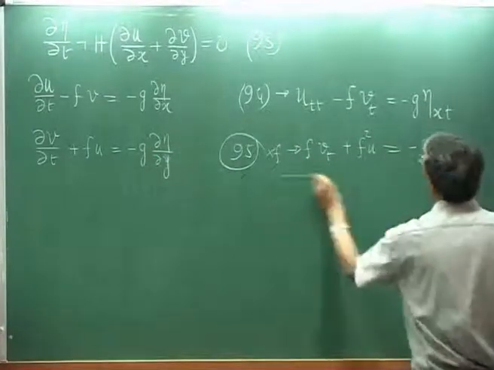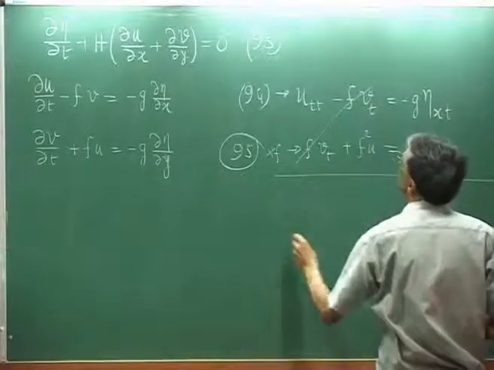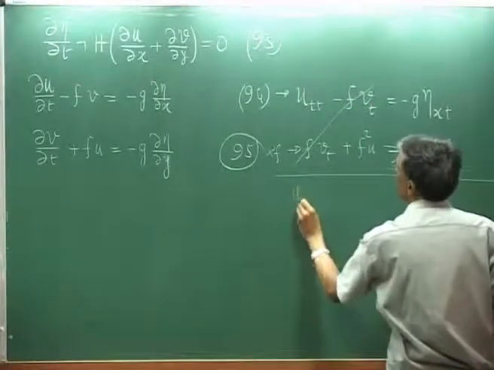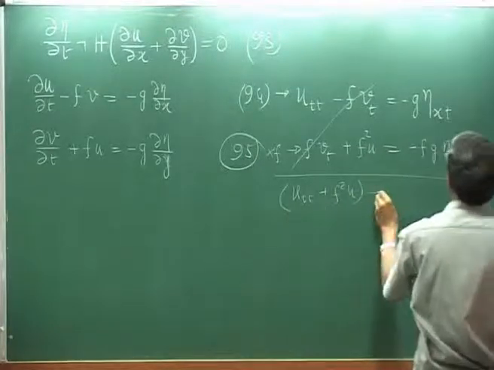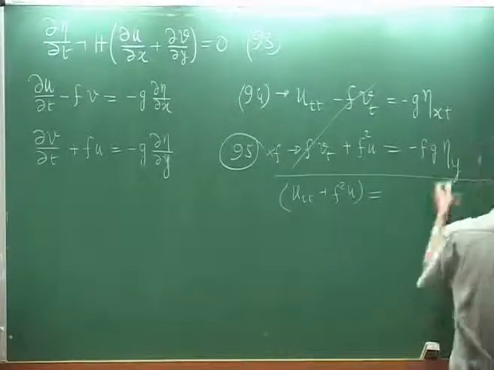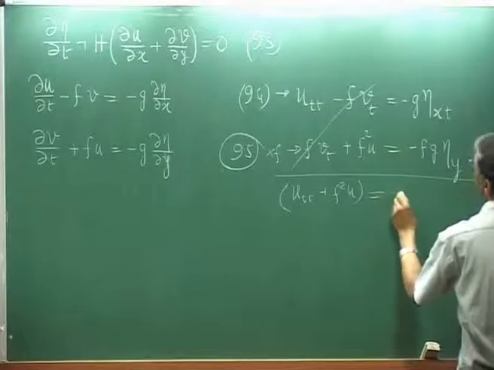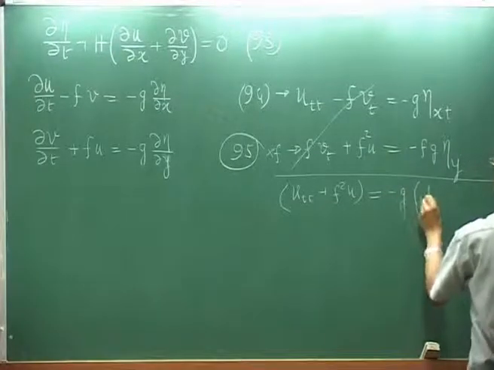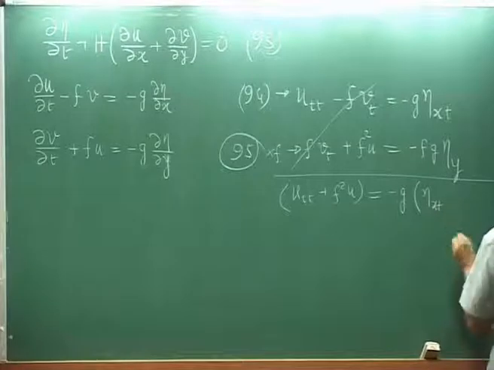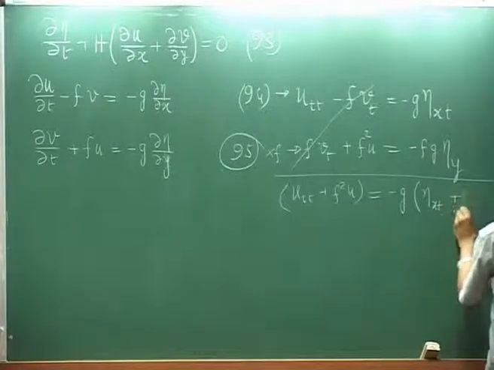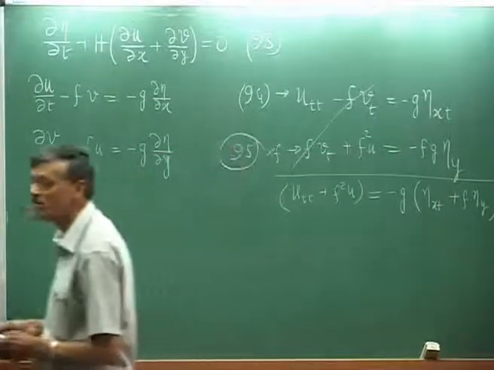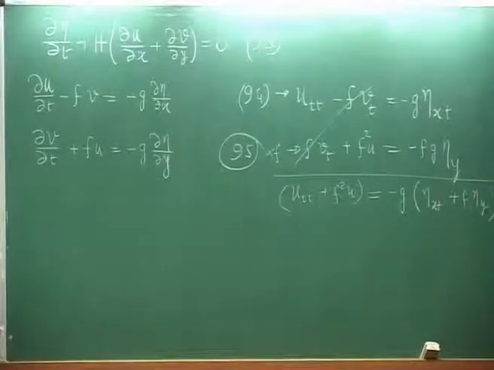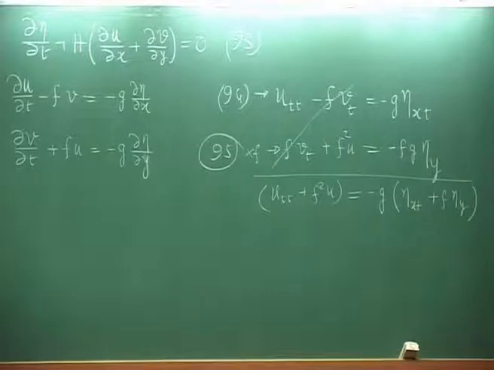If I add this, of course, this cancels out and we see u t t plus f square u on this side, and on the other side eta x t plus f eta y. That is what we have written as equation 96.